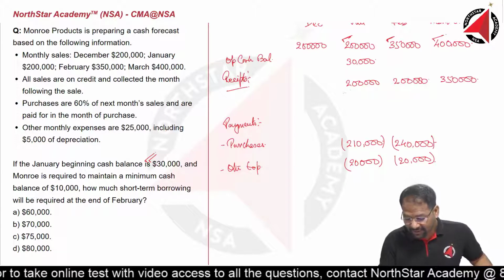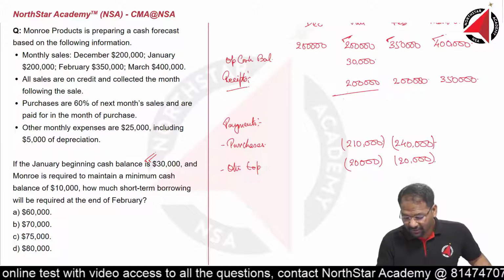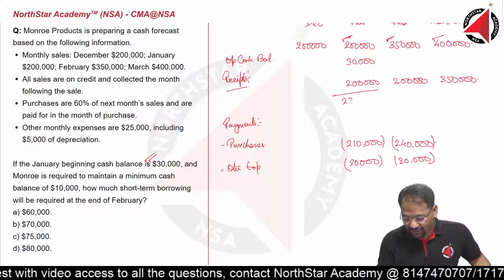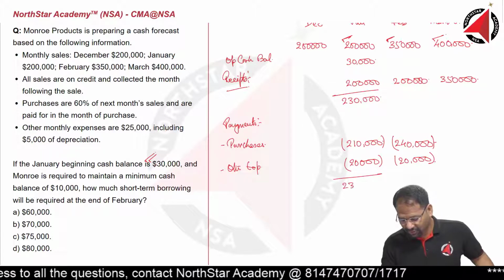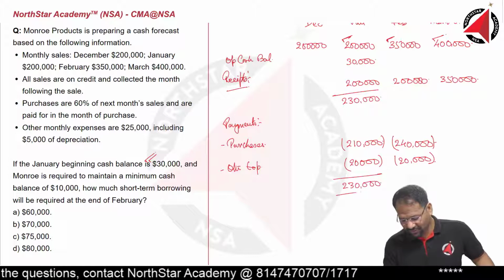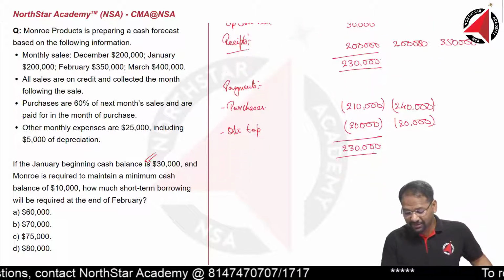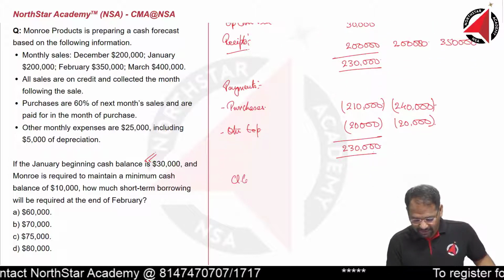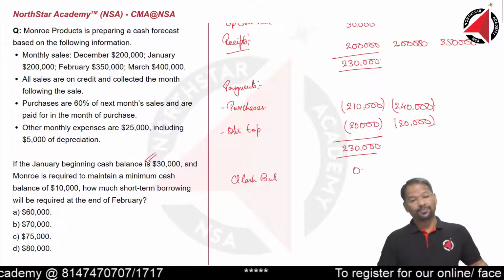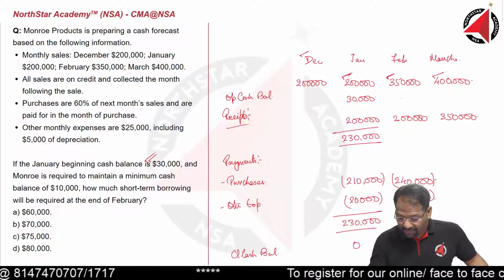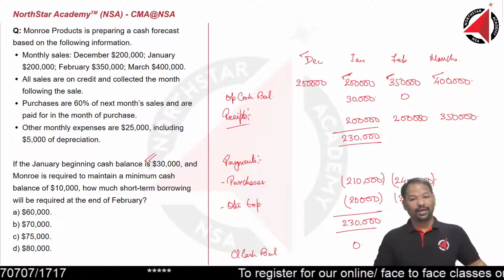So total receipts we have how much? Opening cash balance plus receipts 230,000. And what is the payments? Payment is also 230,000. So my receipts and payments is matching. My closing cash balance would become 0. This 0 would become next period's opening cash balance.